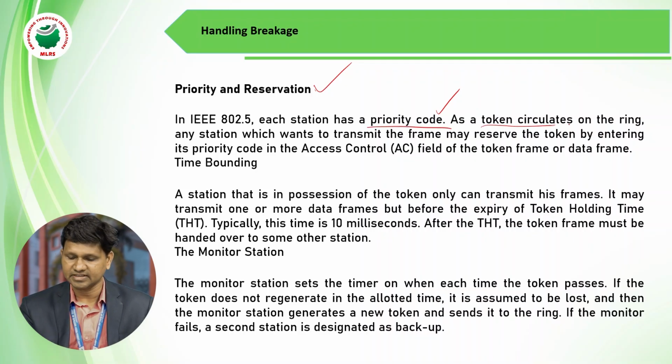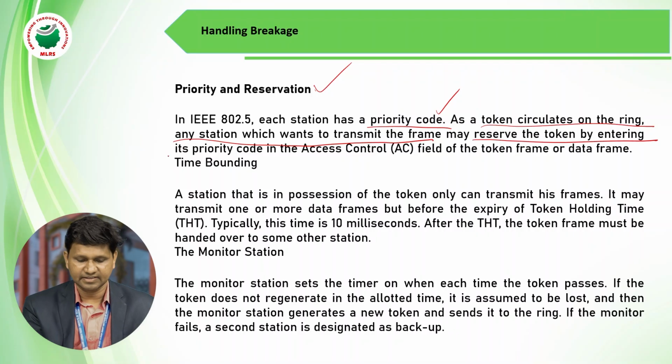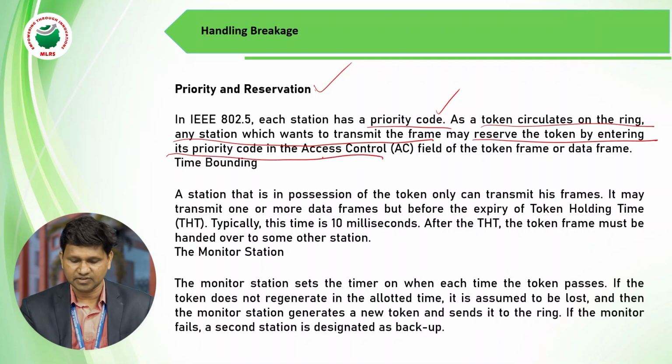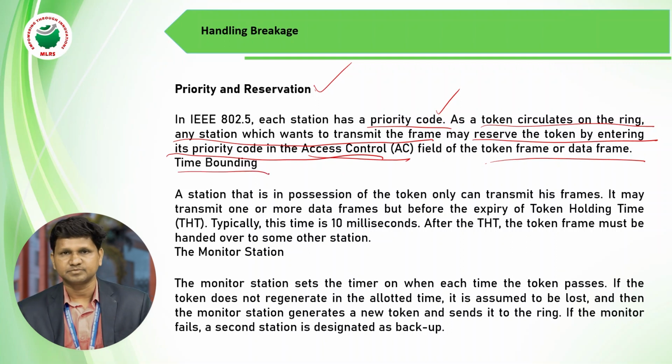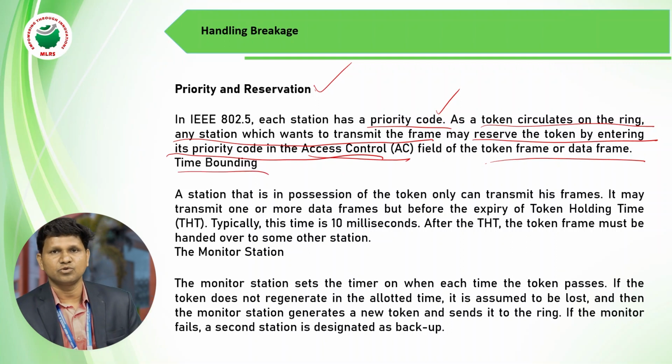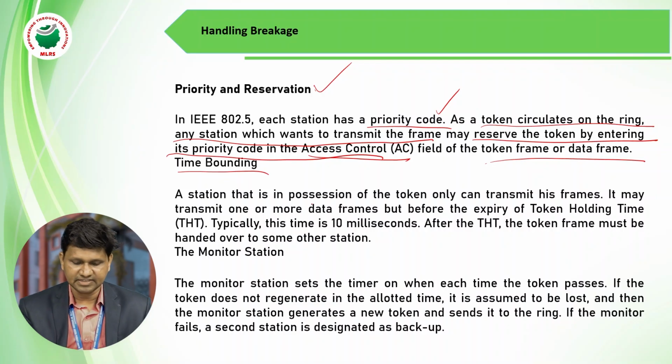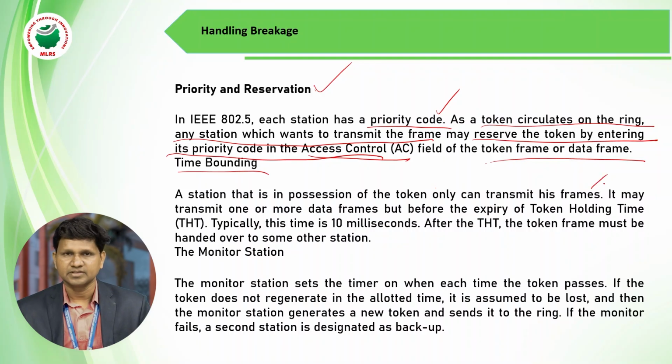As a token circulates on the ring, any station which wants to transmit a frame may reserve the token by entering its priority code in the access control field of the token frame. A specific code gives a reservation for sending with highest priority. A station that is in possession of the token can transmit its frame, and the rest of the frames will be delayed.